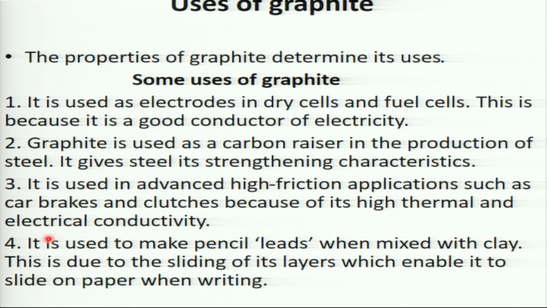That small black thing in the middle, the one that normally breaks when you try to force it or place it hard on the paper. That black thing that you use for writing, that's what we call the pencil lead. So that one is graphite. It's made of graphite mixed with clay. Just clay mixed with graphite, then you get the pencil lead.